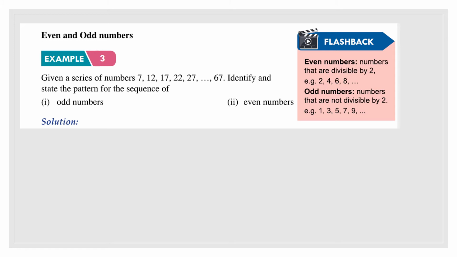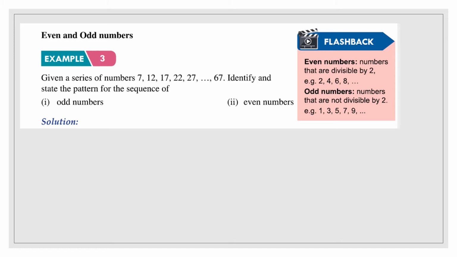Examples of even numbers are 2, 4, 6, 8, and so on. Odd numbers are numbers that are not divisible by 2. When you divide the given number by 2, the answer you will get is a decimal or has a remainder. Examples of odd numbers are 1, 3, 5, 7, 9, and so on.